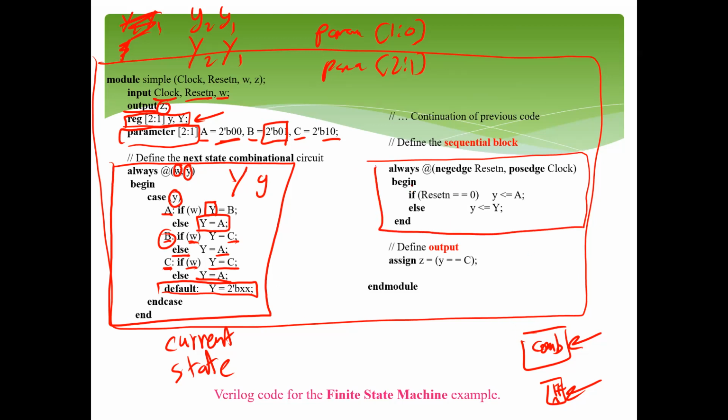Now, always at negative edge of reset, that means I'm resetting. This is an asynchronous active low reset, as we covered, or positive edge of clock. You go in, check for the reset. If the reset is active, make the value of the current state equal to state A. Now, remember that this has to be A. It's not necessarily 0 0.